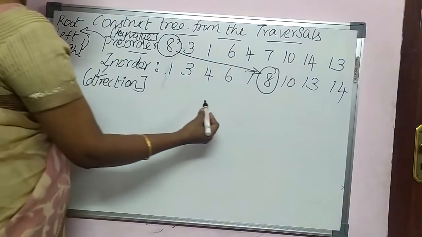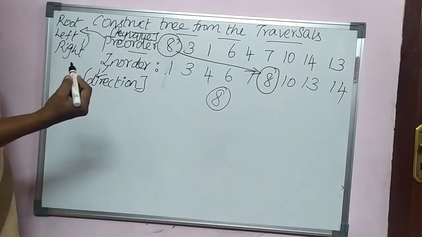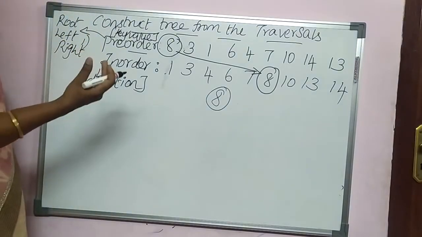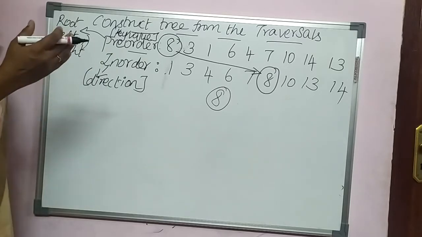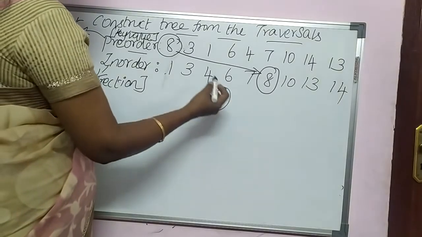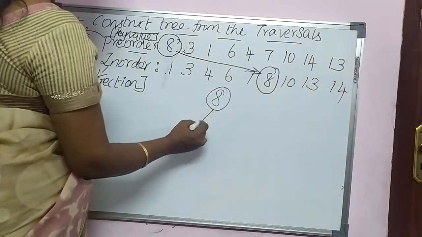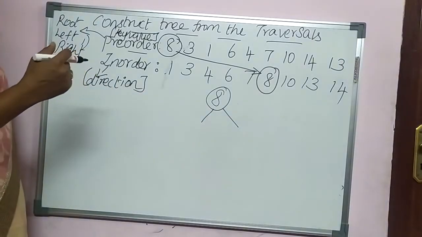So I am taking 8 as the root element. And how do we find it? We know the order of pre-order is root, left and right, so obviously the first element is going to be the root element of the tree. Once you find the root, the remaining elements you want to place either towards the left or towards the right. And not necessarily does it have to grow in both directions.